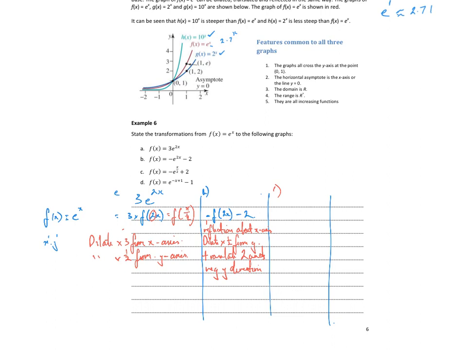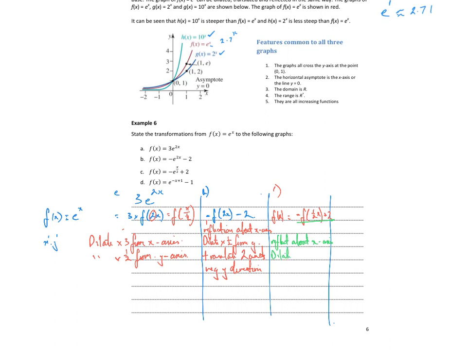So what about the next one? We've got the function f of x will be equal to negative f of a half x plus 2. So hopefully that makes sense, because once you've got it into this form here, it's reflect about the x-axis.